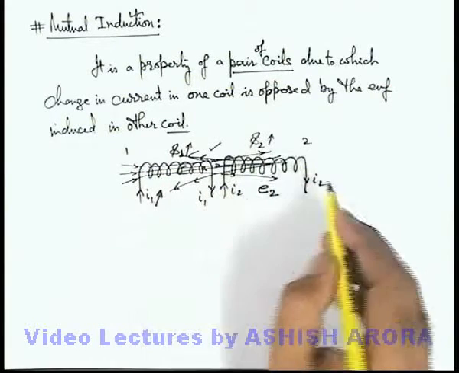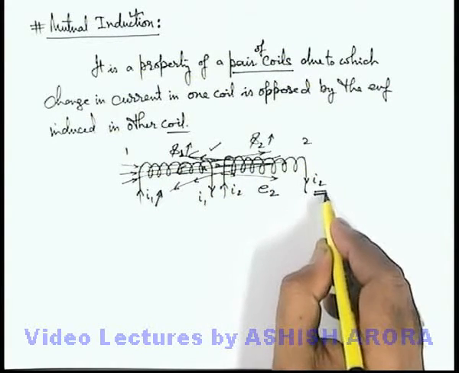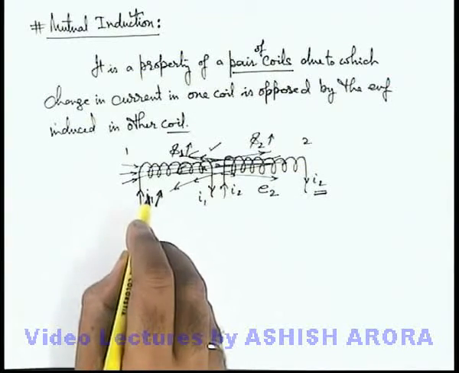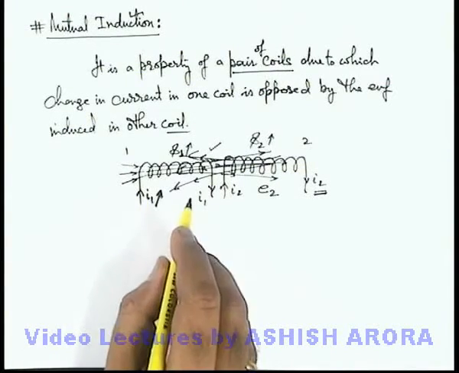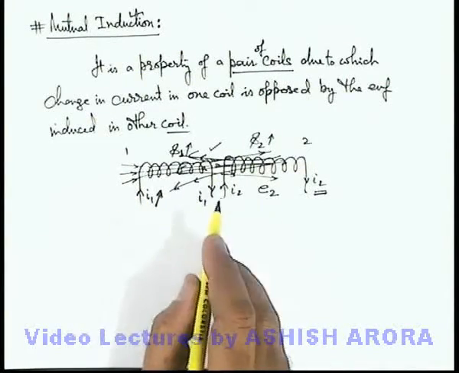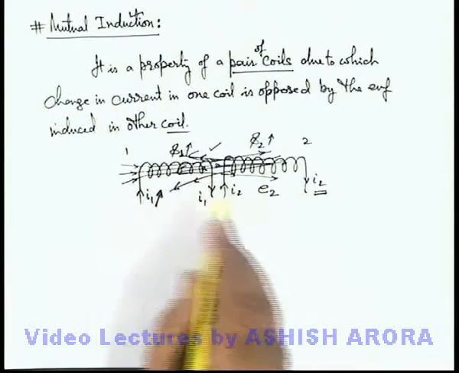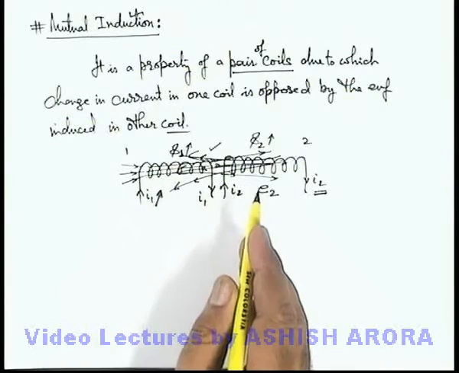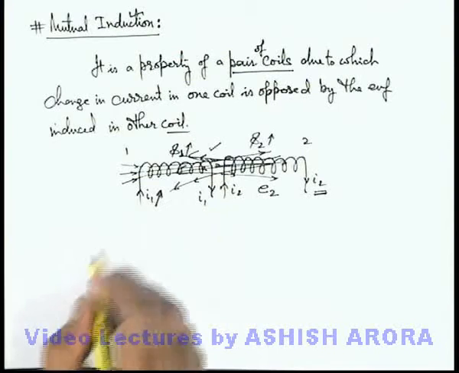And also remember, the current in second coil was indirectly induced by change in I1. You must take a proper review of this lecture at least 2-3 times till you understand the actual concept of mutual induction. I'll write it once again.